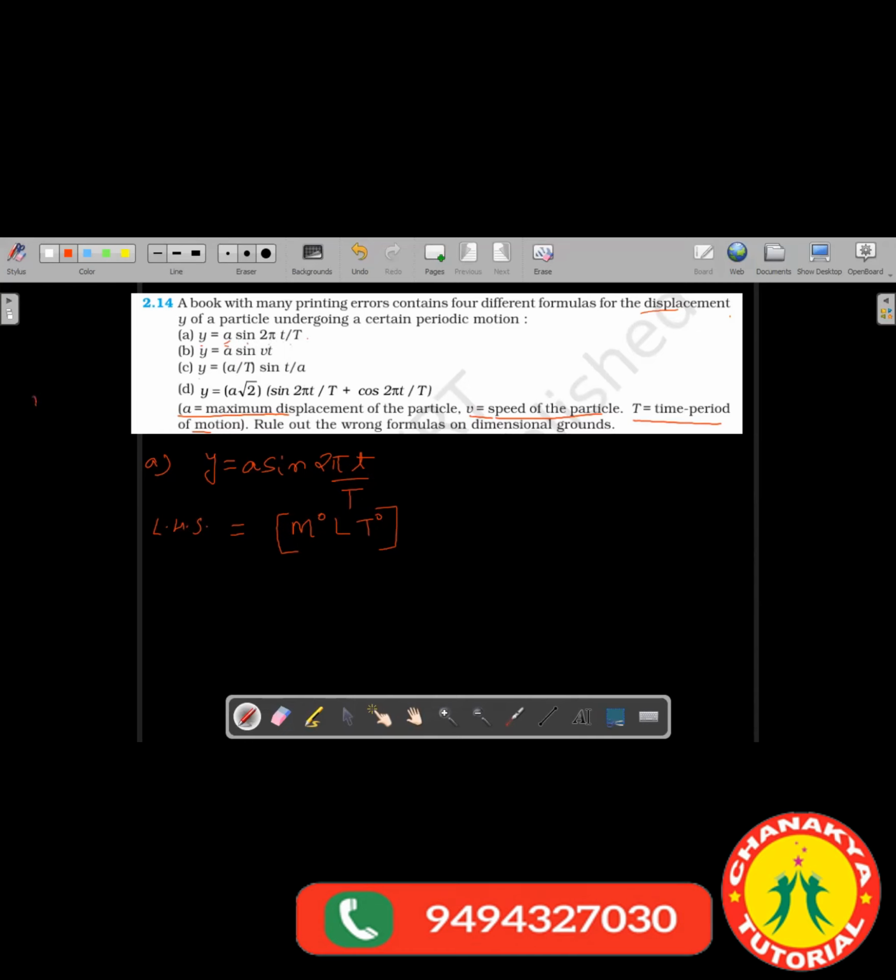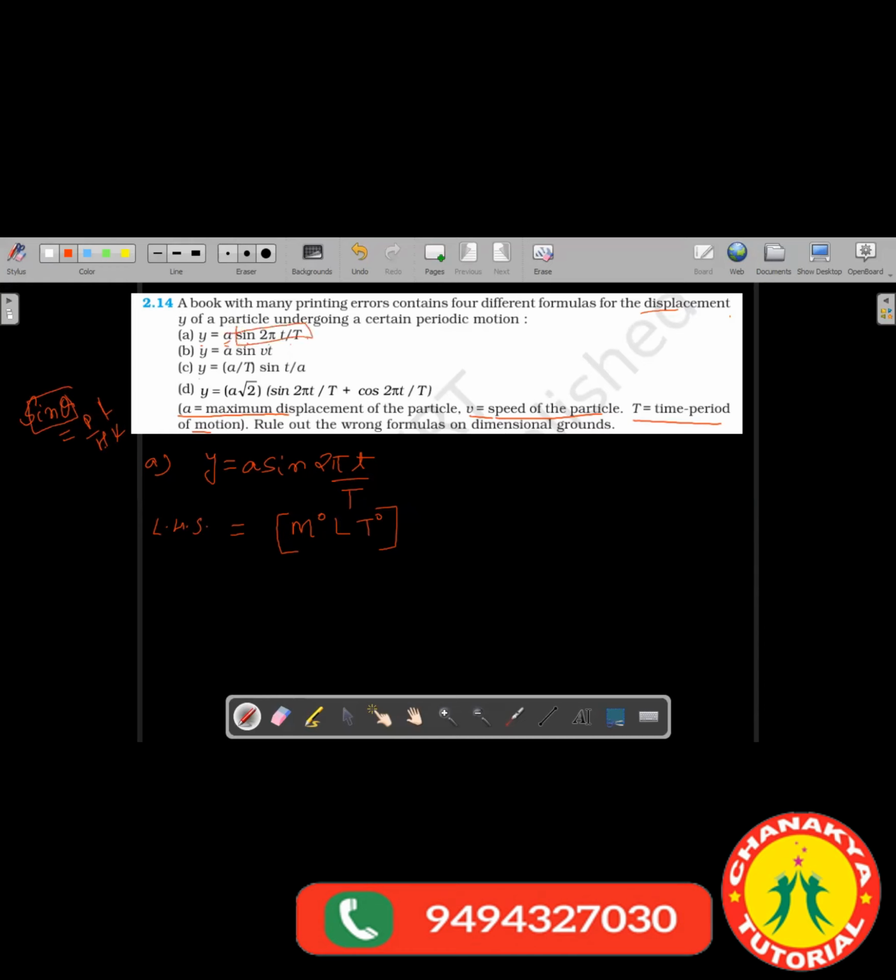So what are the dimensions of sine theta? Have you ever thought what are the dimensions of sine theta? See, sine theta is taken as a ratio of two sides, that is perpendicular by hypotenuse. Perpendicular is a type of length. Hypotenuse is also a type of length. So length by length cancels, and hence sine theta should be dimensionless. Okay. So that means this complete is a dimensionless quantity.